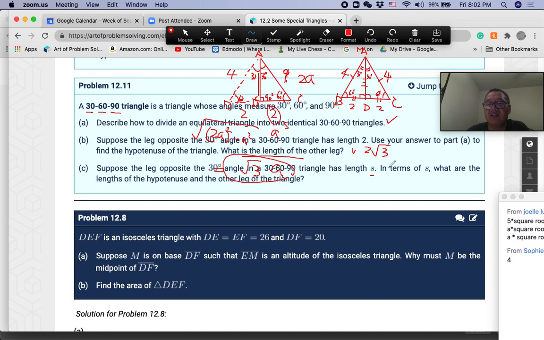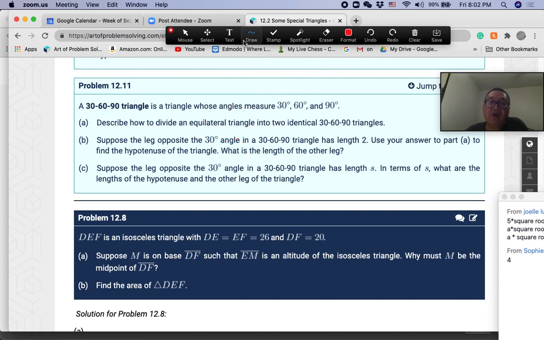In terms of S, what are the lengths of the hypotenuse and the other leg of the triangle? The hypotenuse will be 2 times S. The other leg will be root 3 times S, right? So we already got this. By this way, we already finished the example problems in this section.